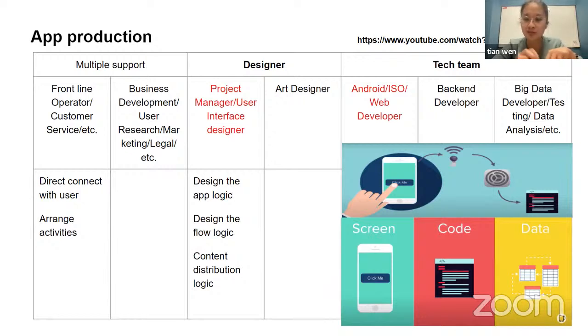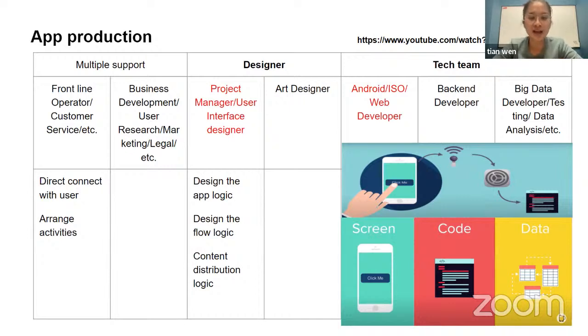If your app is more complex than one that only includes the interface, you will have to include a backend developer. And if the app grows bigger, you need big data developers or data mining developers, a testing group, a data analysis team, etc. So this is the structure of the tech team.